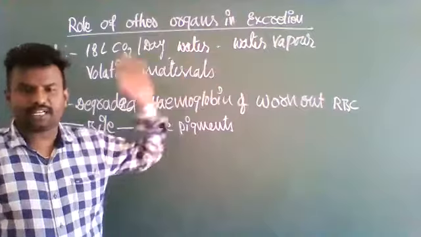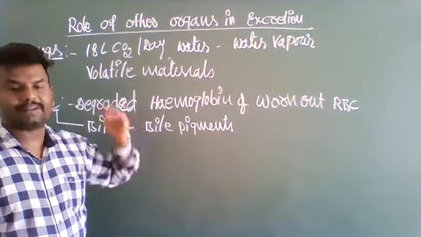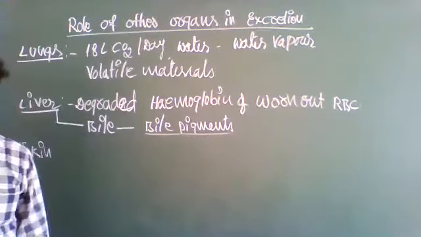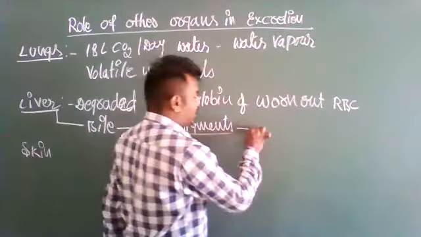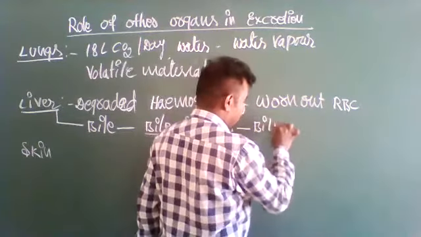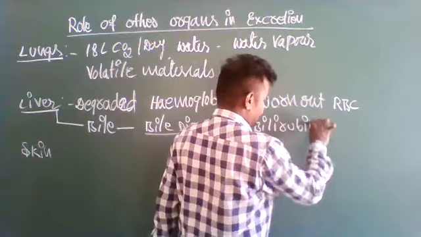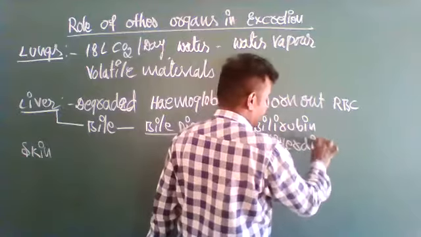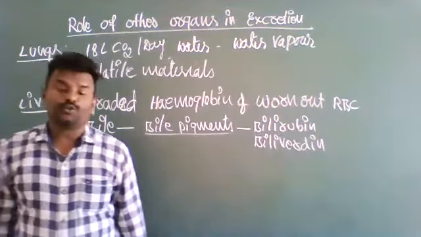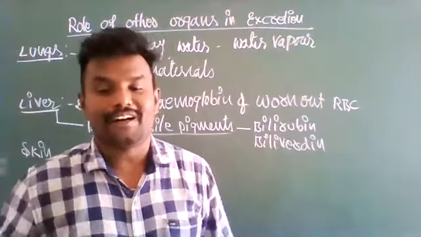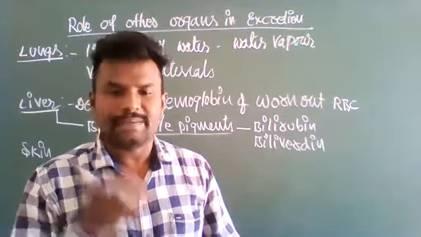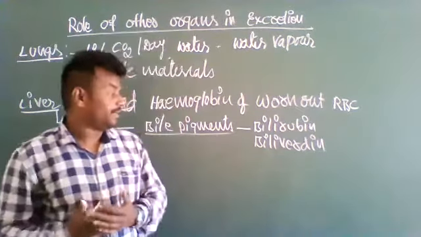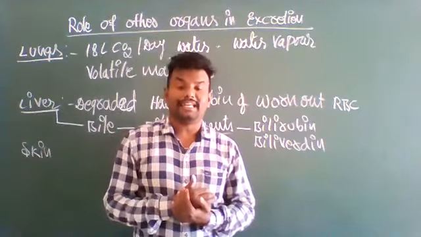Those bile pigments are expelled out through the alimentary canal, some amount of bilirubin and biliverdin through fecal matter and urine.